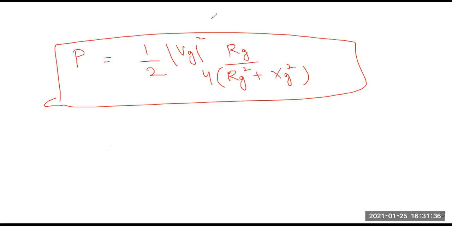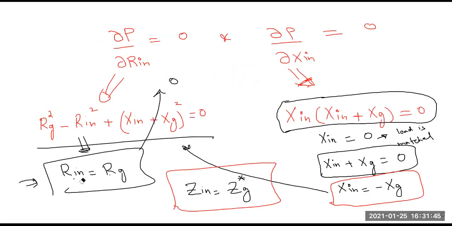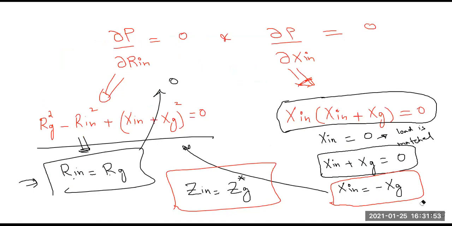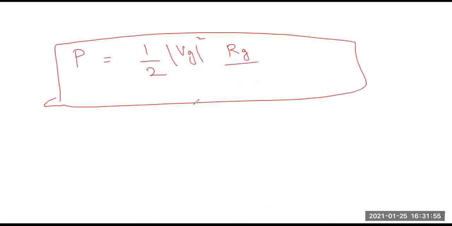Sorry, मैंने mistake कर दी, sorry. Xg to cancel out. Let me go back. What is the condition? Rn is equal to Rg and Xn is equal to minus Xg. So sorry, मैंने इसको गलत कर दिया, cancel out हो जाएगा. So let me write the correct result. It will be simply 1 divided by 4 Rg.